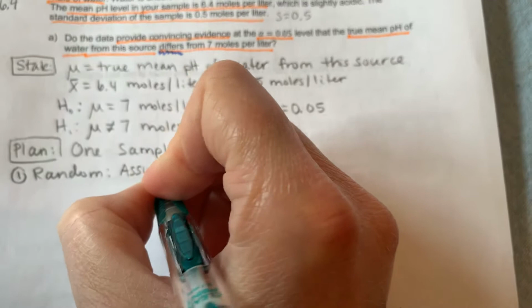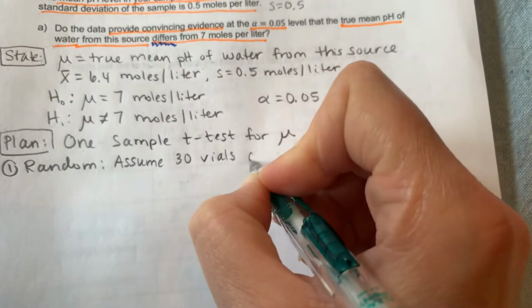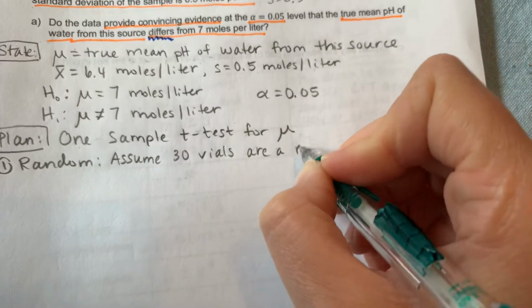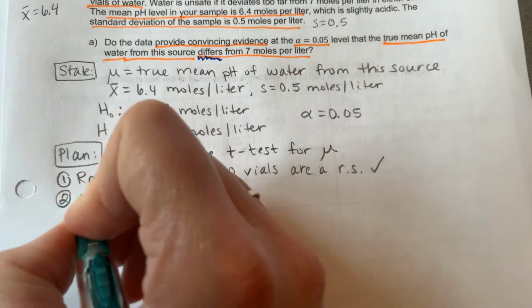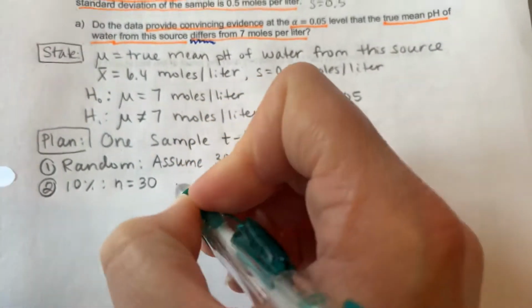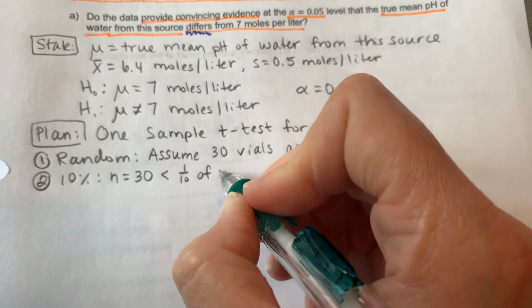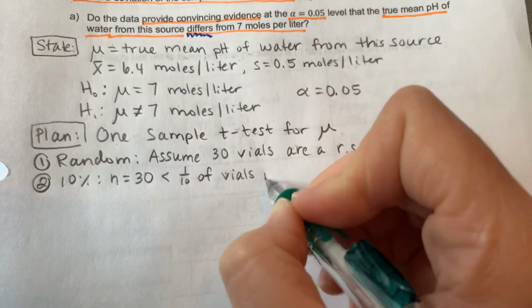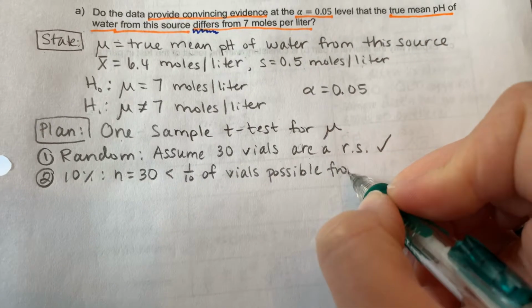So assume 30 vials are a random sample. Okay, condition met. Number 2 is the 10% condition. So my n equal to 30. Is that less than 1/10 of all vials possible from this source?